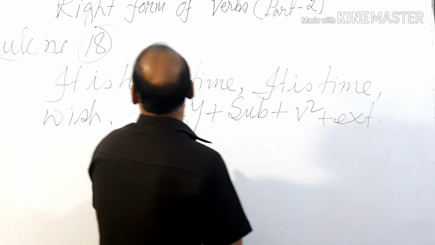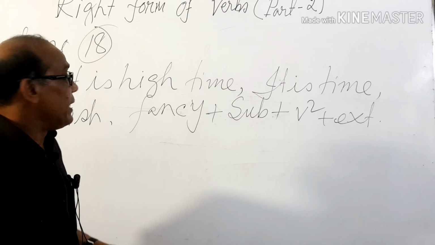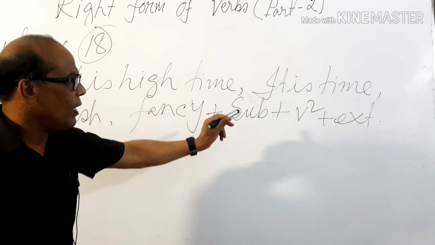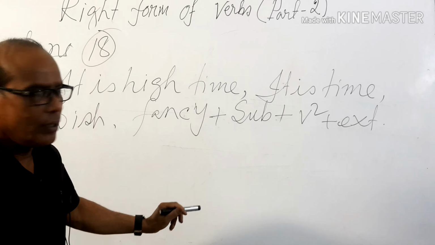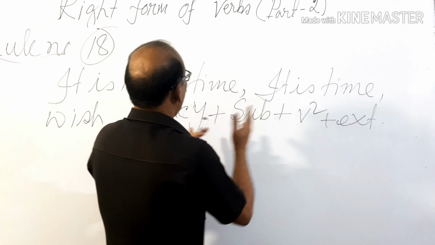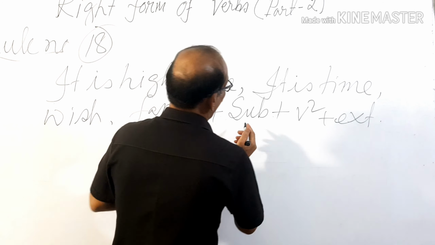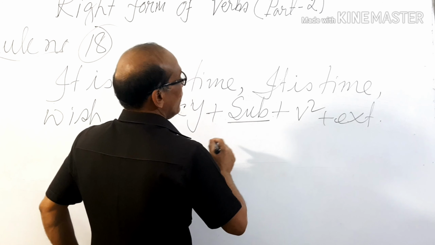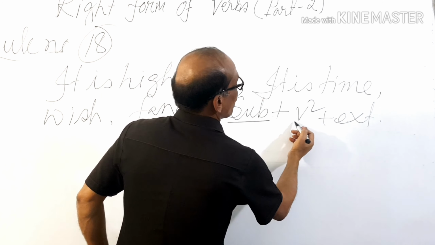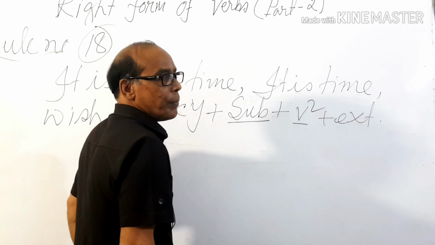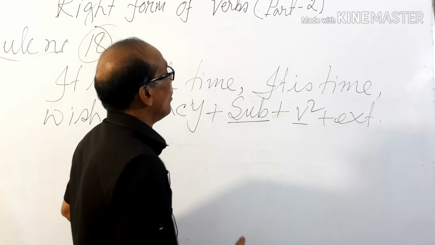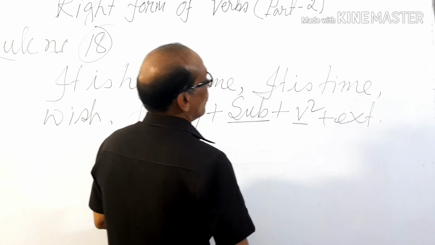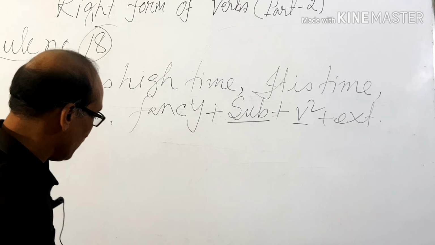That means if we find it is high time, it is time, wish, fancy, after them, if we find any subject, here you will have to see one thing, subject. After subject, the verb will be in the past form. That means verb to past form and extension. Let me give you an example.